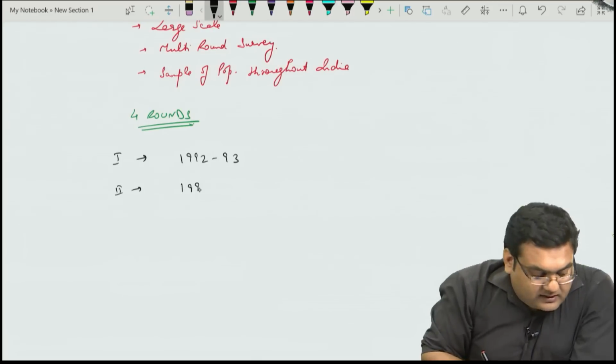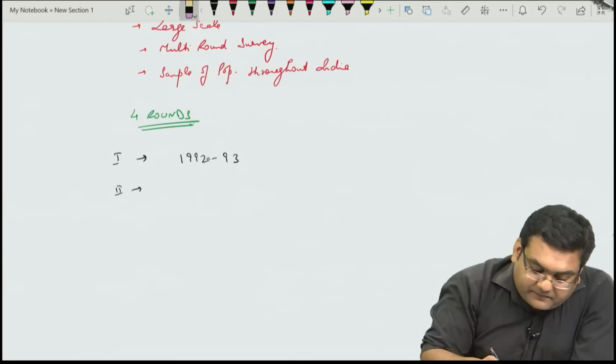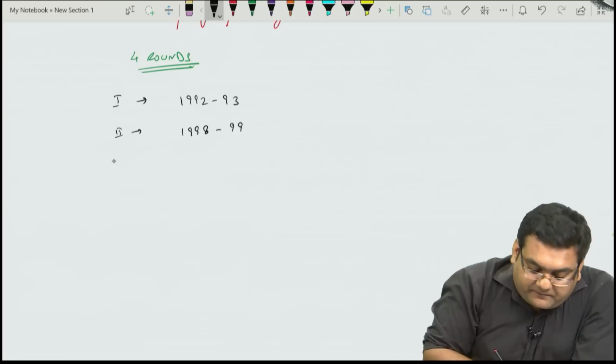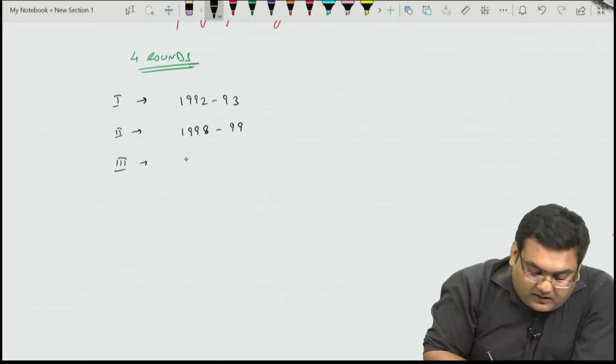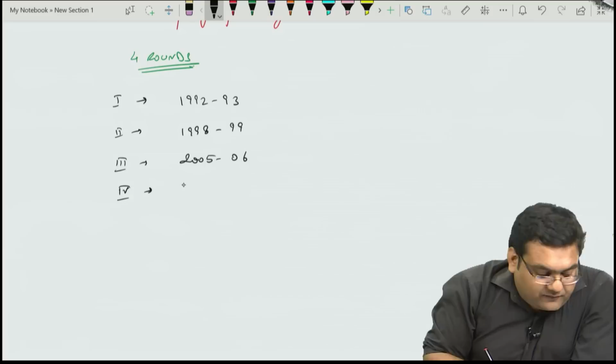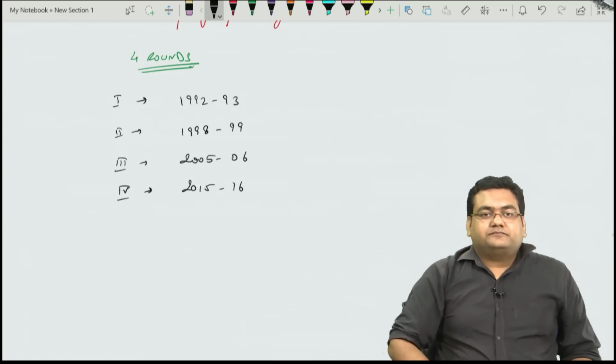Second round was done in the year 1998 to 99. Third round was done in the year 2005 to 2006 and fourth round was completed in 2015 to 2016.